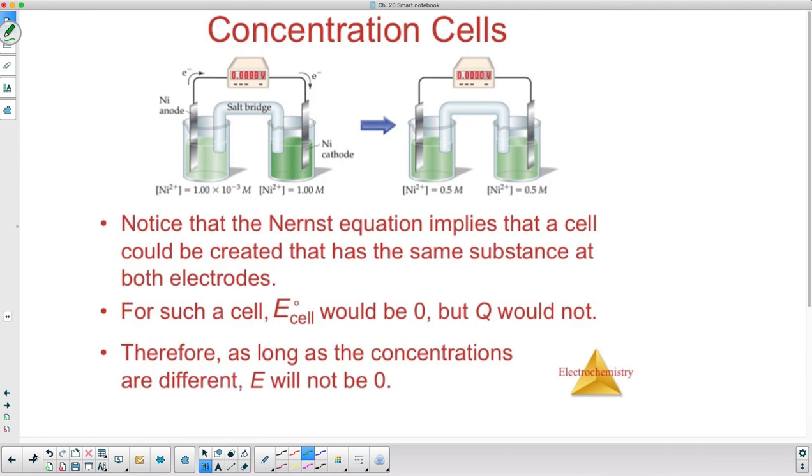Last bit: the Nernst equation implies that a cell could be created that has the same substance in both electrodes. For such a cell, E standard would be 0, but the Q would not, which means that the concentrations are different, so the E would not be 0 either.